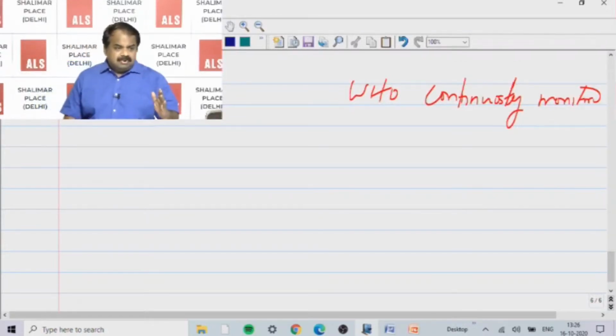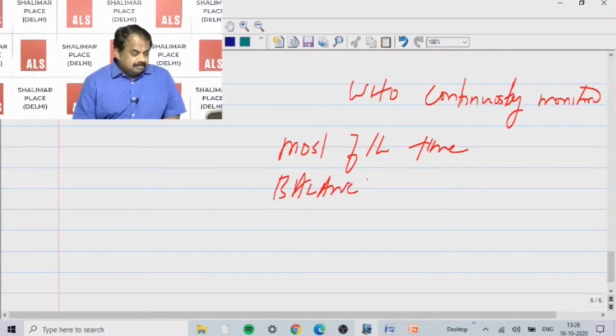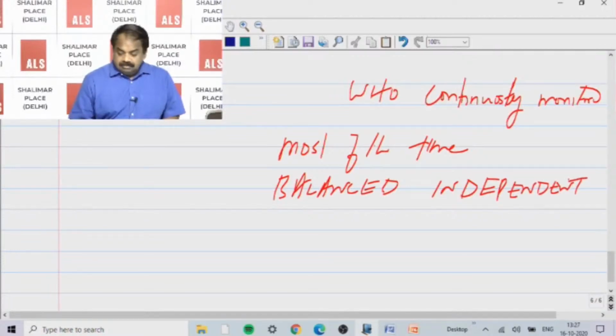Most of the time, WHO assessments were balanced, independent, and transparent.